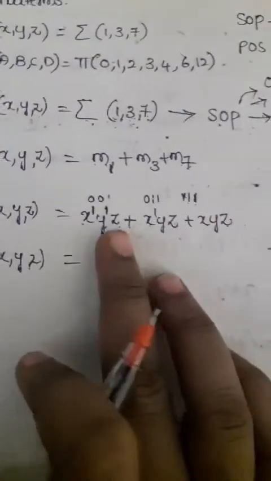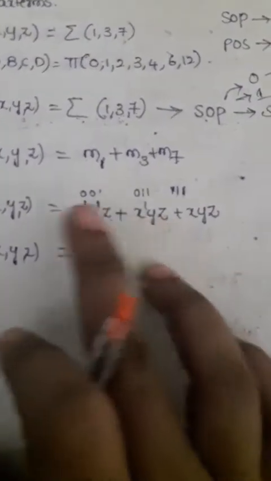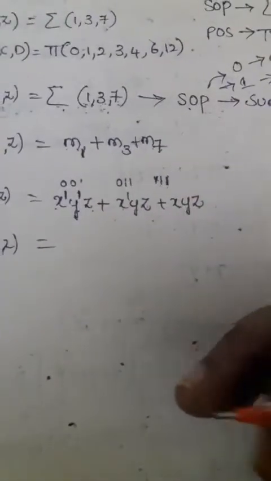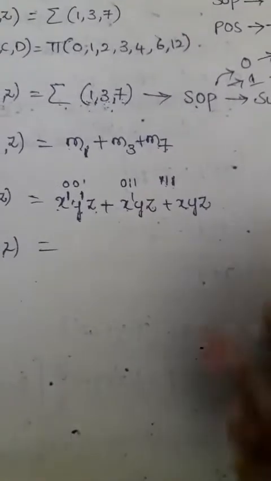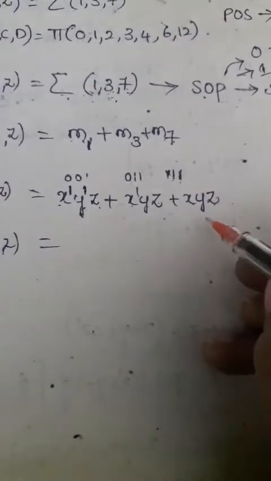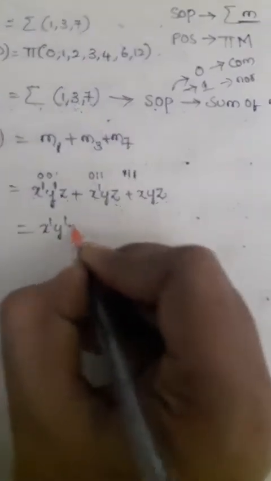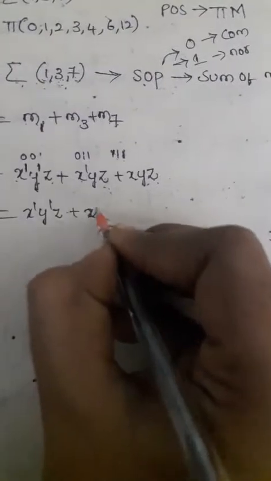Just check it as in the first problem. If we have any common terms, we have to reduce, that means cancel the terms. In these two terms, the second and third, yz is common.